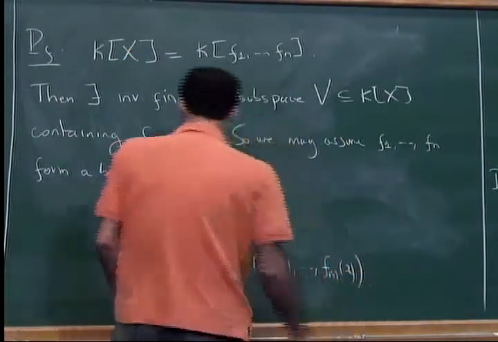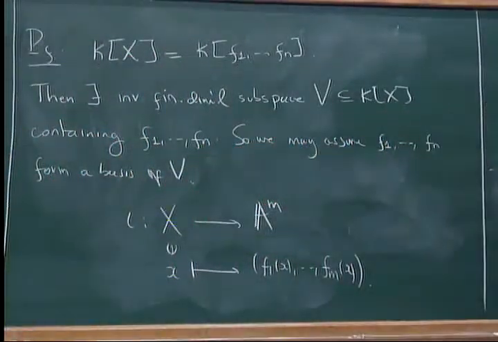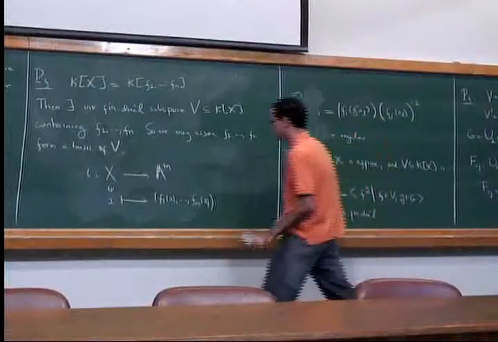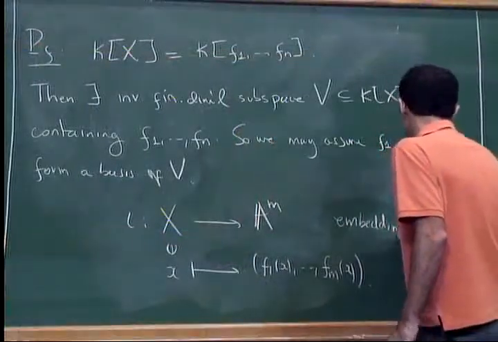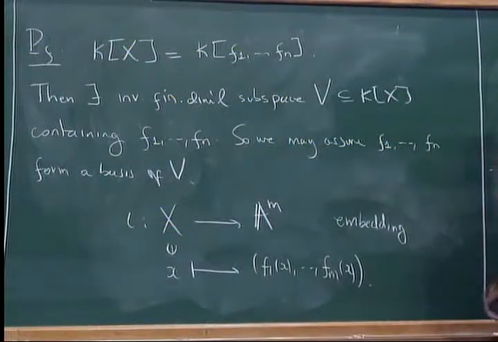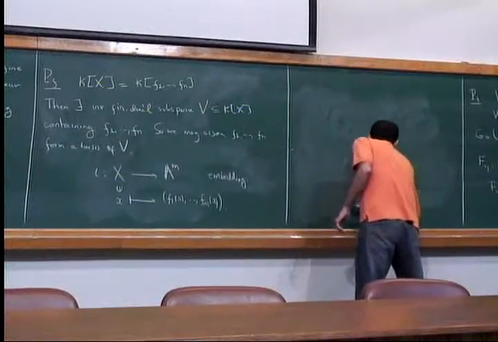It's an embedding because they generate X, they generate the algebra. So we have here an embedding. And on the other hand, the space V is invariant.